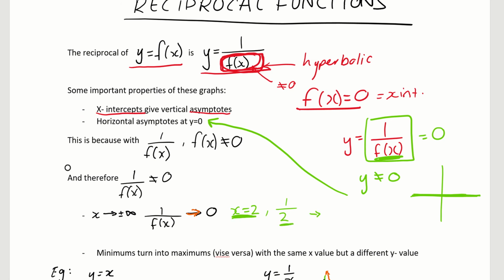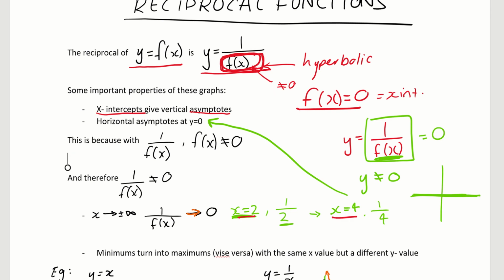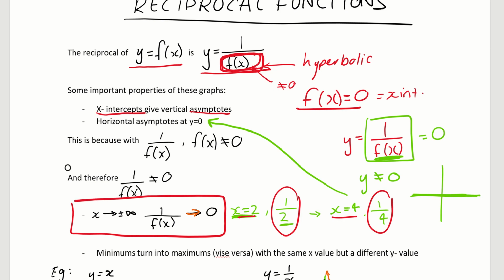If I increase my x value, let's go 4, when I sub that into my reciprocal, I'm going to get 1 on 4. Notice how I went to a bigger x value, but my fraction became smaller. That's what this characteristic means. As you sub in bigger x values, your reciprocal function is going to get smaller.